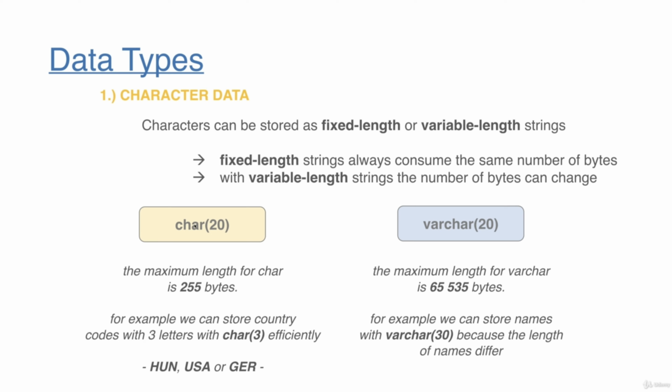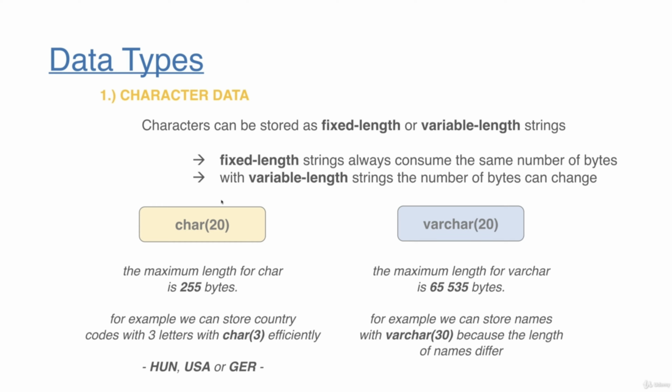So when we create a char, then the maximum length for char is 255 bytes. For example, when we want to store country codes with 3 letters, then we have to create a char with value 3, and it is going to be quite efficient because we know for certain that every single country will be represented with 3 characters.